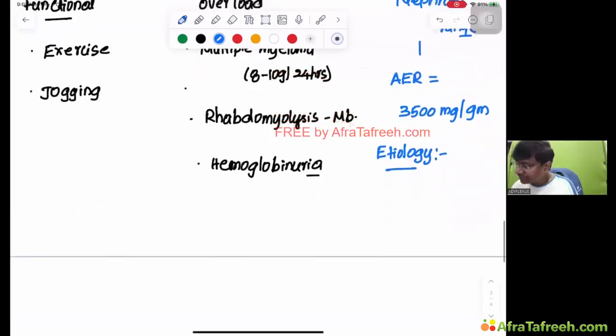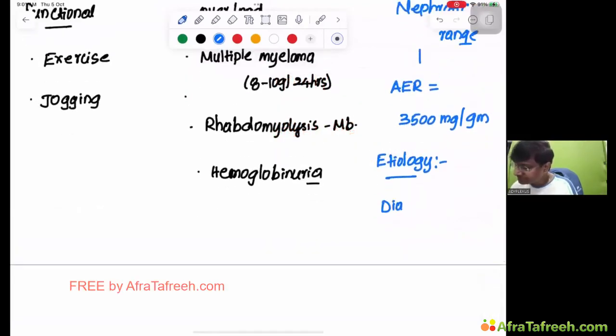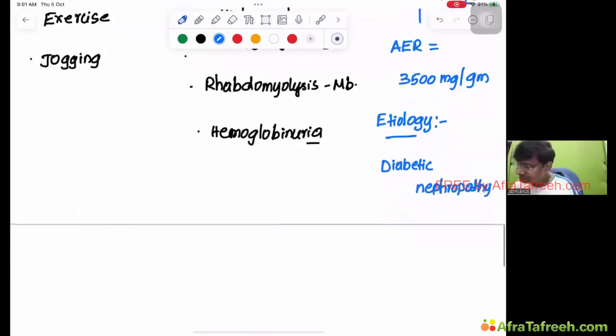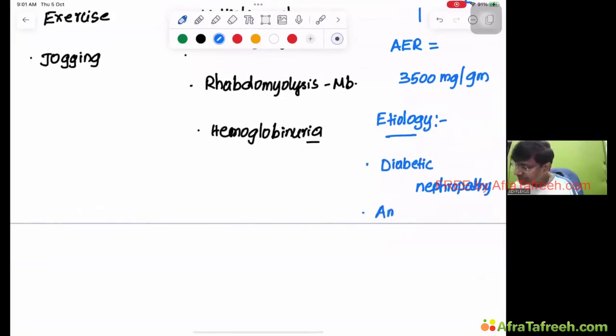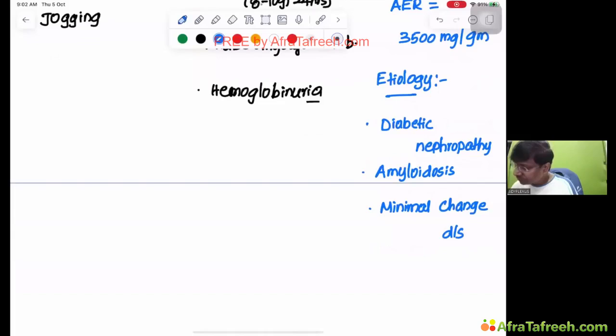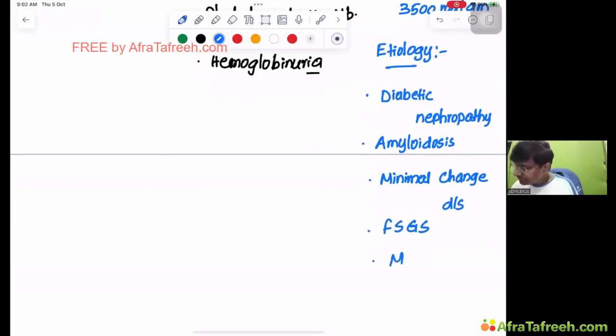The etiology for nephrotic range proteinuria will be diabetic nephropathy, then amyloidosis, minimal change disease, focal segmental glomerulosclerosis, then membranous glomerulonephritis. These are the conditions where you will have nephrotic range proteinuria.